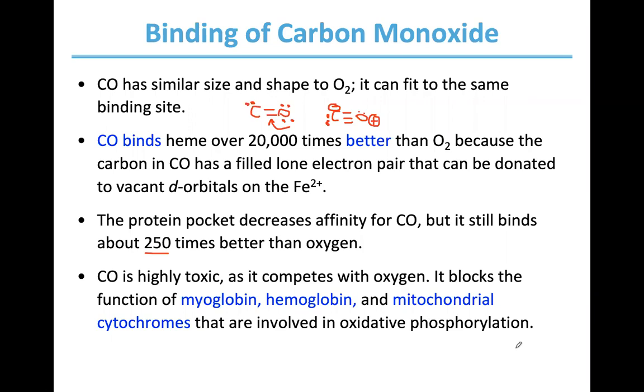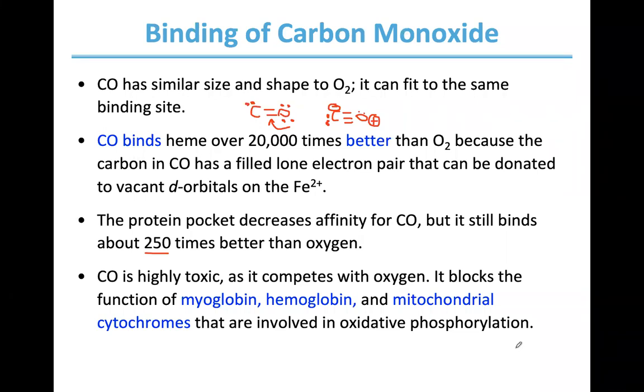So for example, if there's a fire in a building and the firefighters just put it out, what are you not supposed to do? Do not go inside. And why shouldn't you go inside? Because you'd be breathing in the carbon monoxide instead of the oxygen.